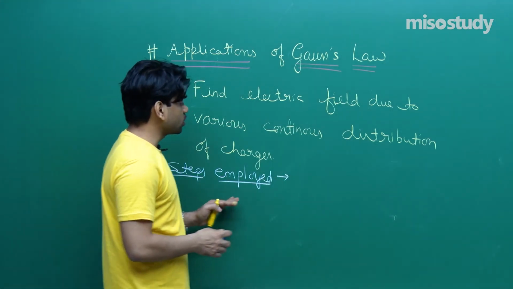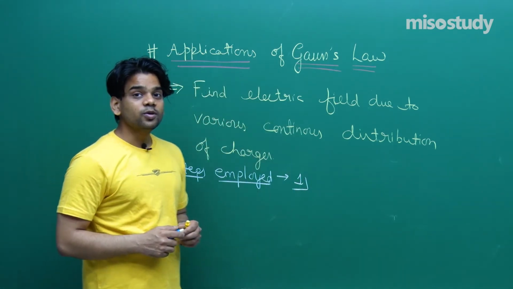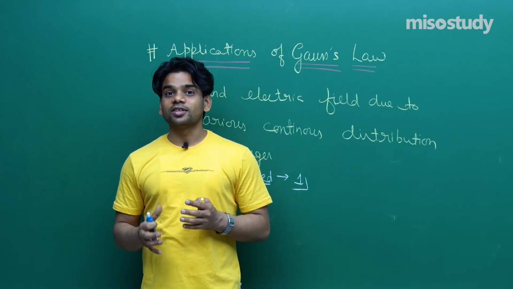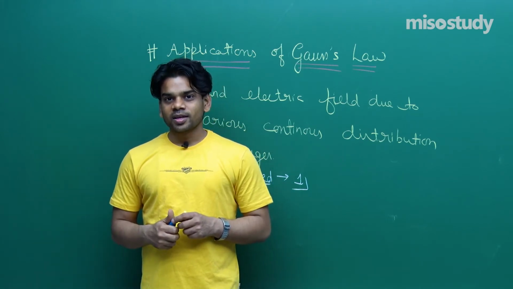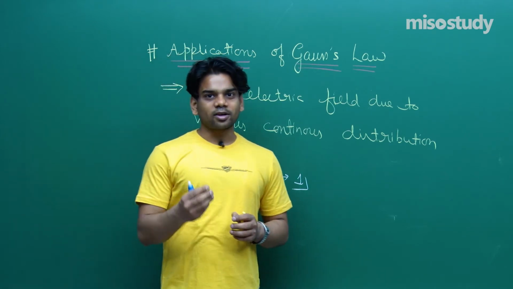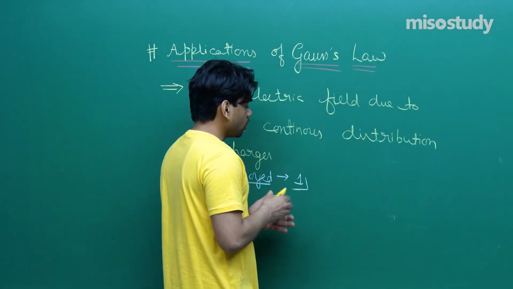The first step: you have to think of a Gaussian surface that uniformly encloses the charged object.